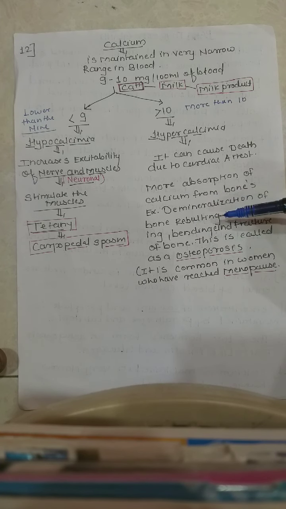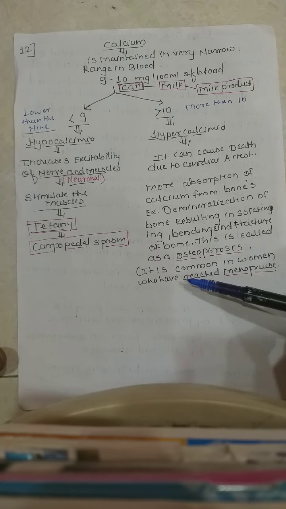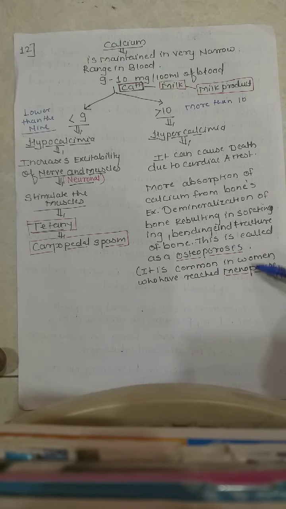High levels cause more absorption of calcium from the bones, that is, demineralization of the bone, leading to softening, bending and fractures. The bone becomes very soft, forming osteoporosis. It is commonly seen in women who have reached menopause, when the menstrual cycle stops.